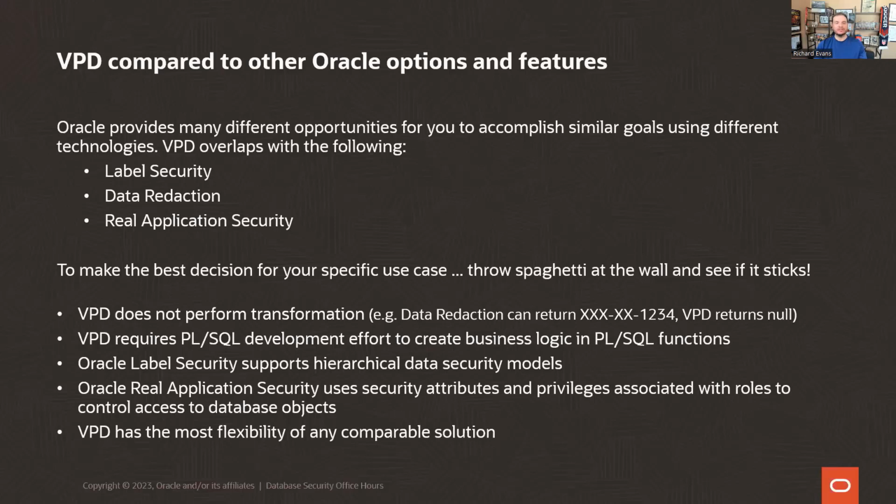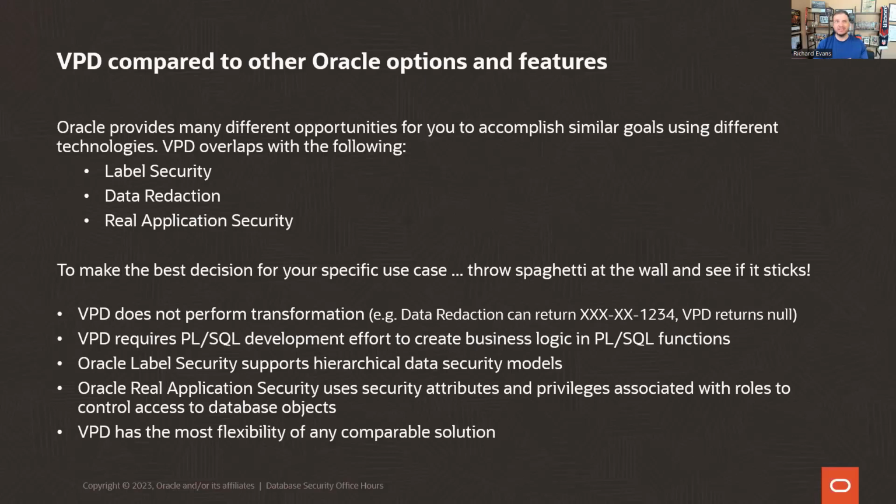Oracle Label Security supports hierarchical data security models. And what I mean by that is with label security, you could create this hierarchy of the global company, Germany, and then UK, Canada, United States. And you could have it where if you're in the global group, you have access to those subordinate groups as well. VPD, I'm not quite sure how you could do that.